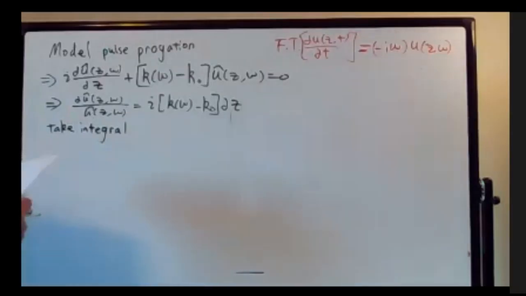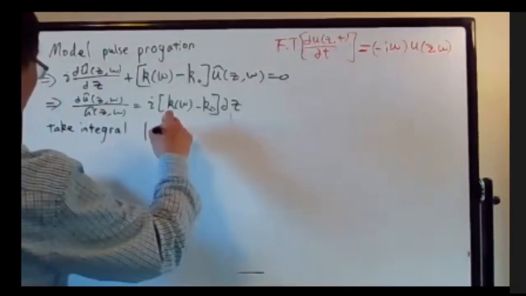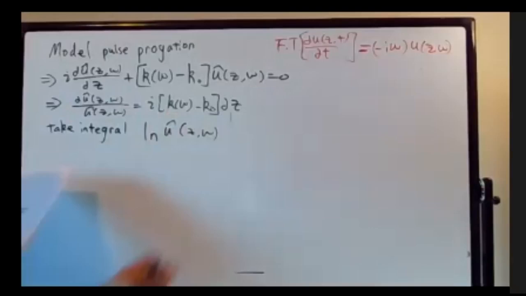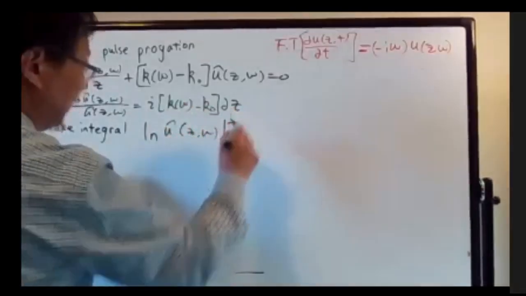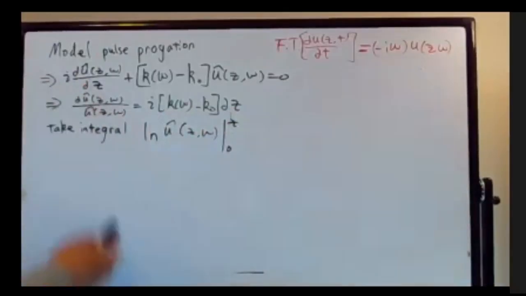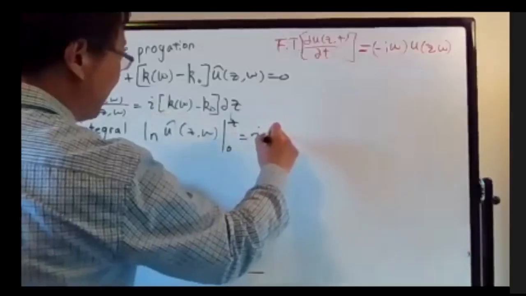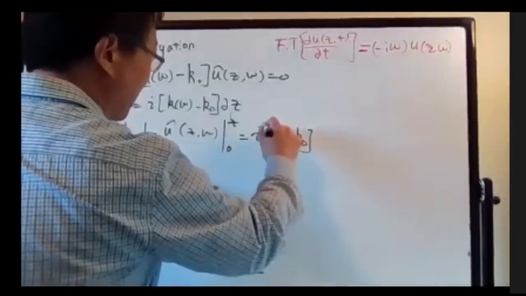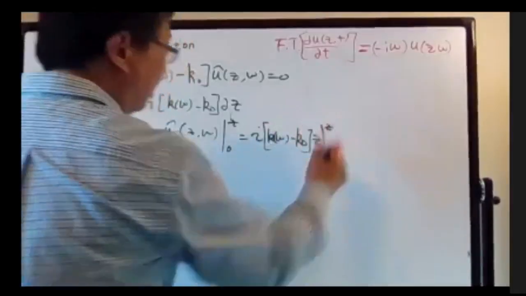Natural log, thank you. It is natural log of u hat z omega. And then we integrate from 0 to z, right? We are propagating from 0 to z. On the right-hand side, we have I k omega minus k naught, and z from 0 to z also.